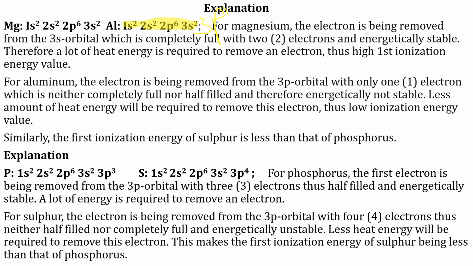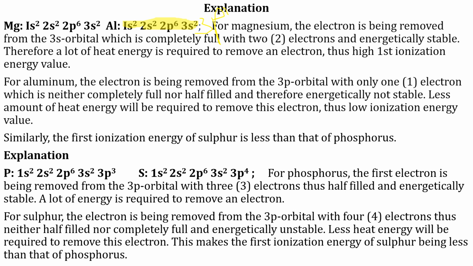That's why we are saying that for magnesium, the electron is being removed from the 3s sub-energy level or 3s orbital, which is completely full with 2 electrons. And we say that completely filled or half-filled sub-energy levels are energetically stable, or you can say they are thermodynamically stable. And once an element is thermodynamically stable, it will require significantly more energy to remove an electron.